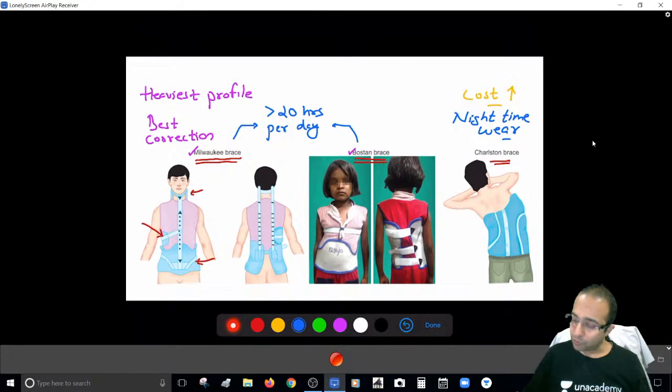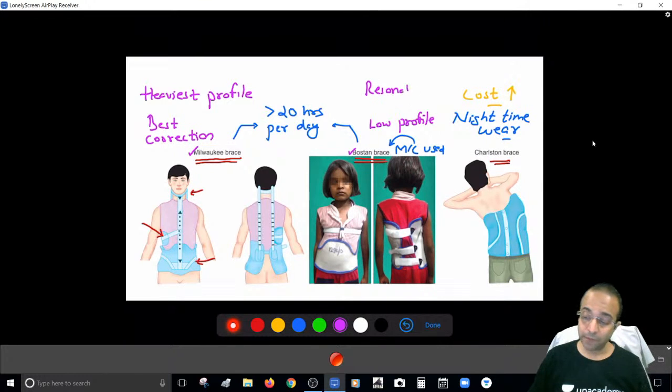So that's why the most commonly used brace tends to be the Boston brace, because here you get the perfect balance. A relatively much lower profile, so very comfortable to wear, and then it gives you a reasonably good correction. So good enough correction also comes, and relatively a much lower profile to tolerate.